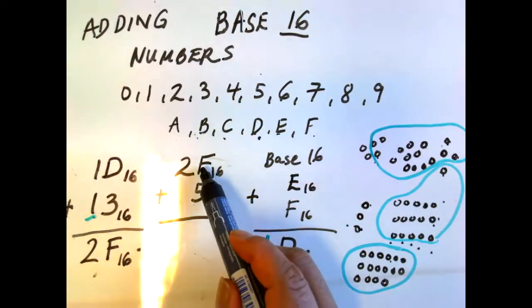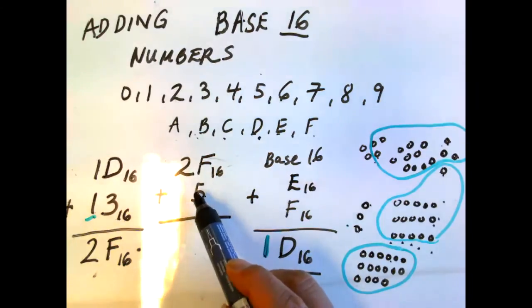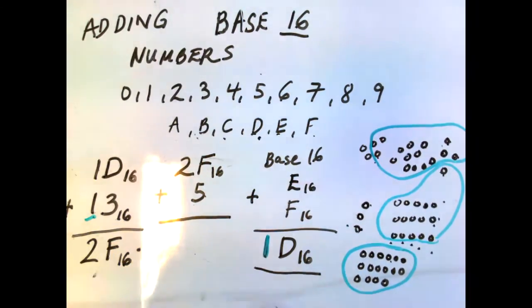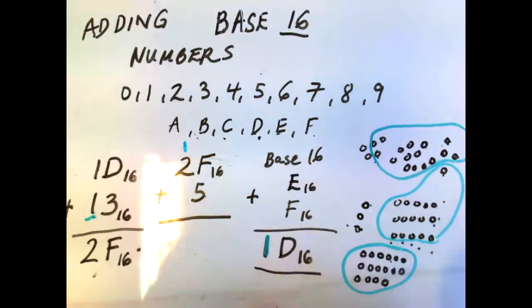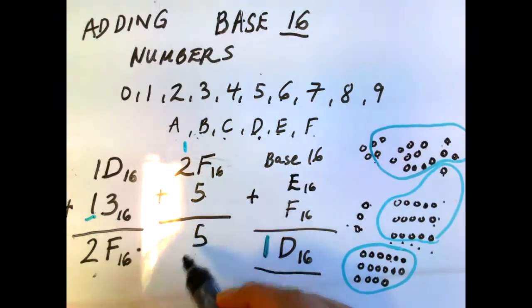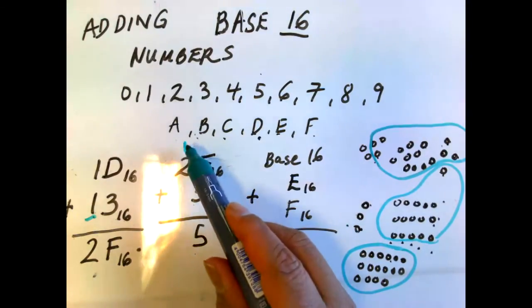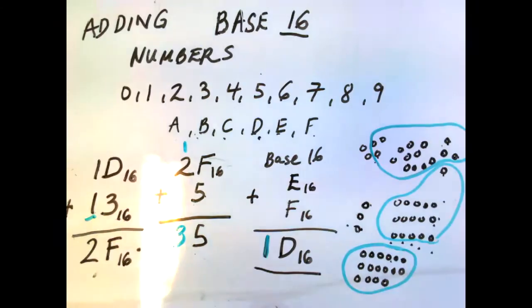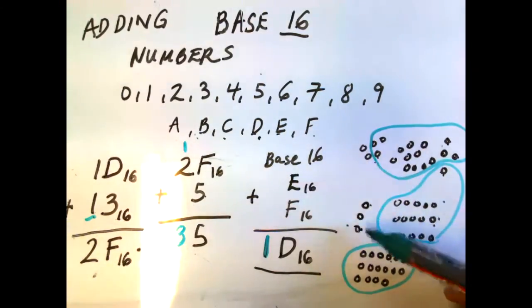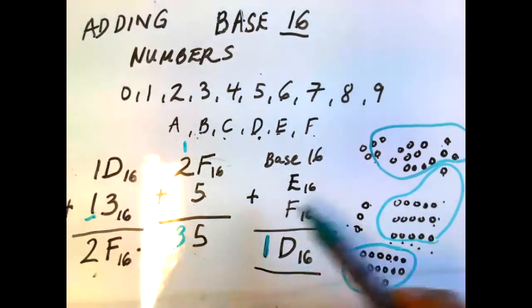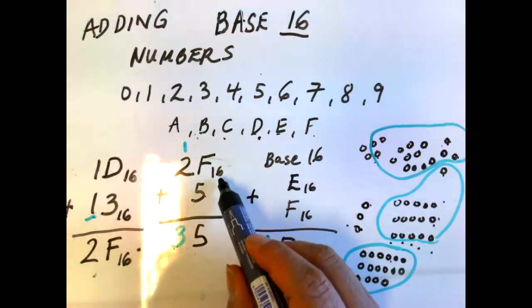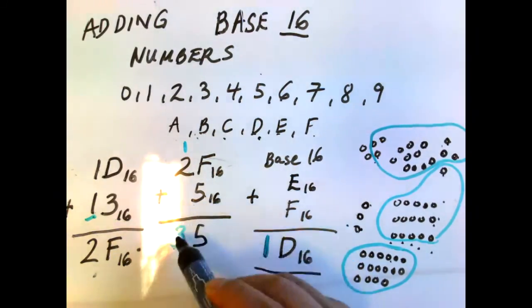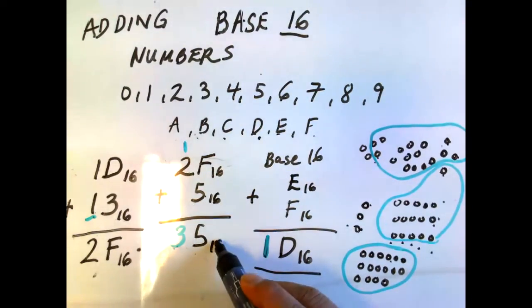So F plus 5 makes another 16 and 5 outside. So all in all, you got 2 16s plus 1 16 makes 3 16s. That's why you got here 1, 2, 3, and 5 outside, which is this. So 2F in base 16 plus 5 in base 16 makes 35 in base 16.